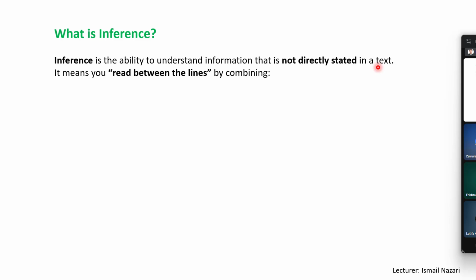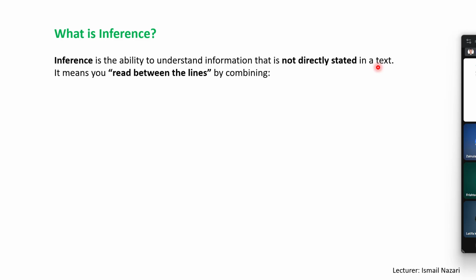Now, the implicit meaning of a text is the indirect idea, or that indirect conclusion we need to make out of what is stated in a text. And that's exactly what we have as the inference itself.